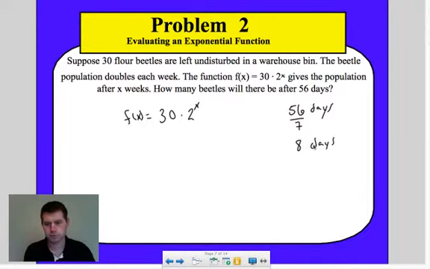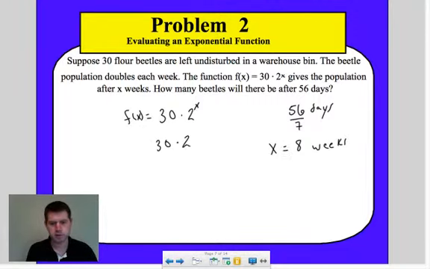So you find out 8 weeks here, because x is in weeks. So we're going to take 30 times 2 raised to 8. So we're going to multiply 2 times 2, 8 times.